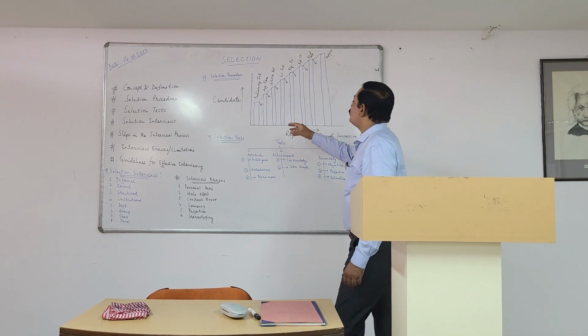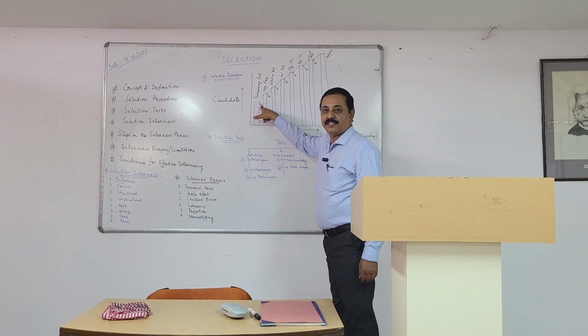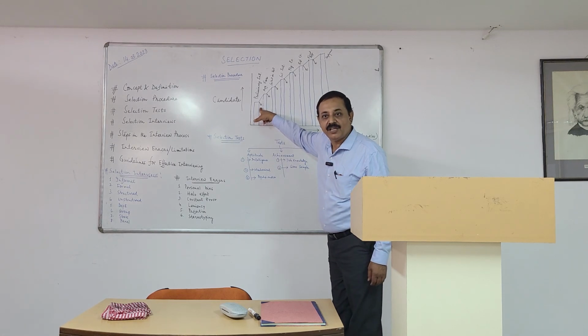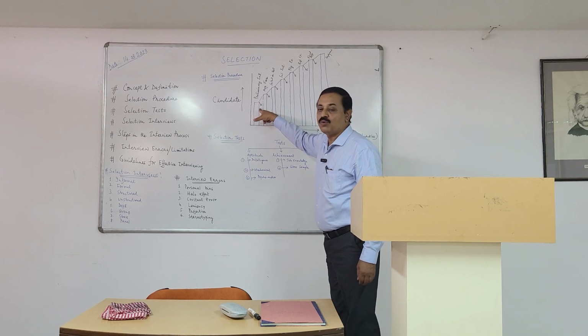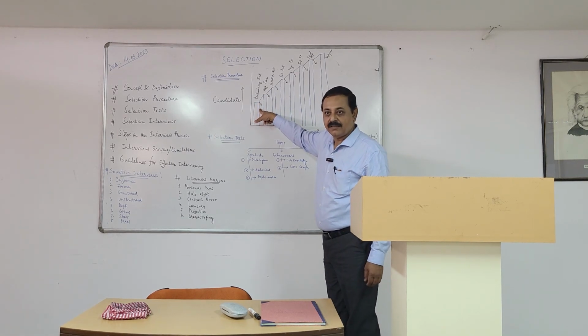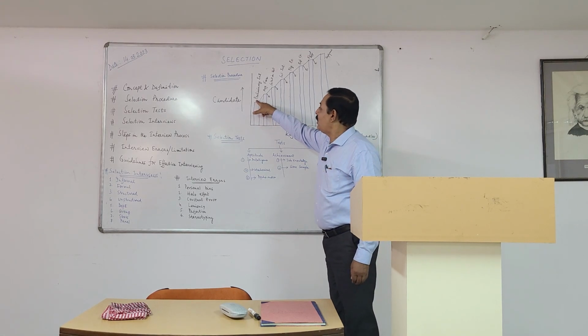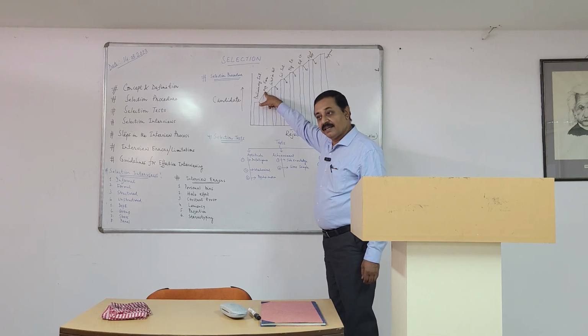And here it is also clearly shown that in each of these stages there is likelihood of rejection of the candidates. So the arrow mark downward depicts the rejection, right? Only the suitable ones can go to the next step or stage.